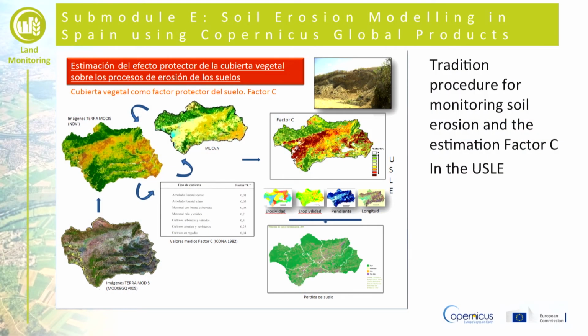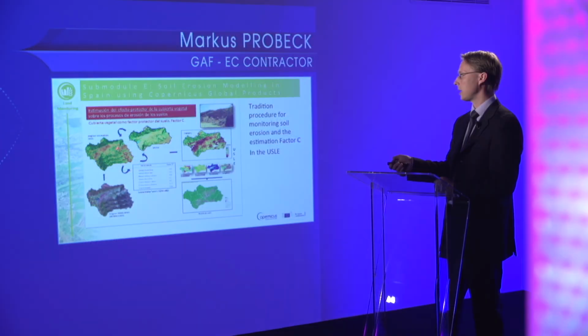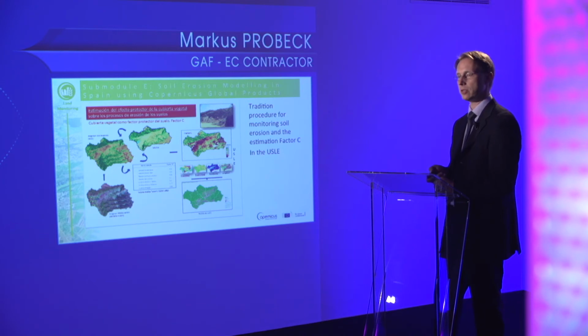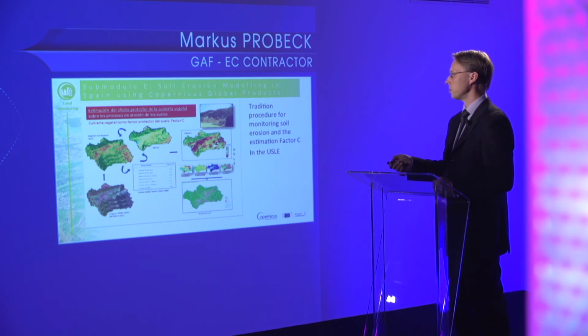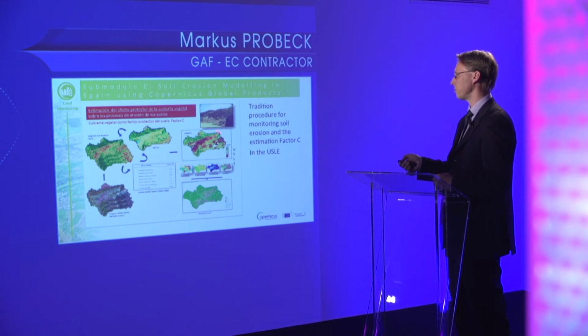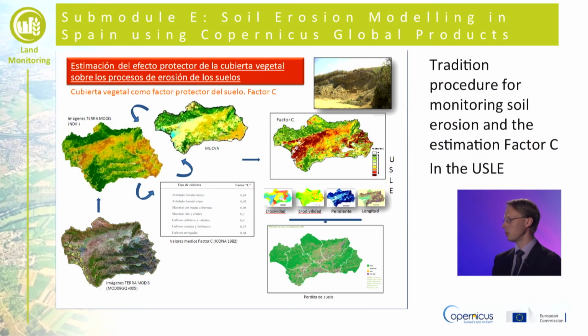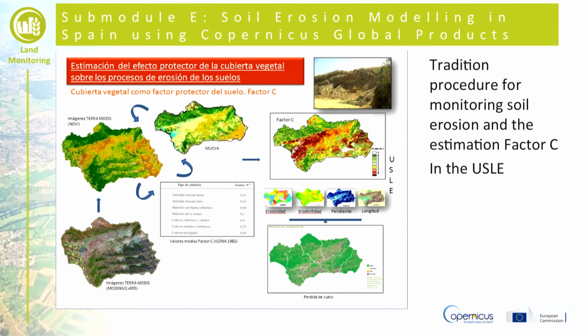So this shows the processing chain that has been traditionally used to calculate the soil erosion, starting from optical satellite imagery, so you need a time series for doing that, then calculating vegetation-based indices like the Normalized Difference Vegetation Index, NDVI, and then using parameterizations for different land cover types and categories being applied to these data, resulting in an input factor that's called factor C, which is one constituent of the universal soil loss equation, like other factors like the erodibility of a certain underground material, the steepness of the surface, and all kinds of surface properties, which are combined in that calculation model into a soil erosion risk, basically.